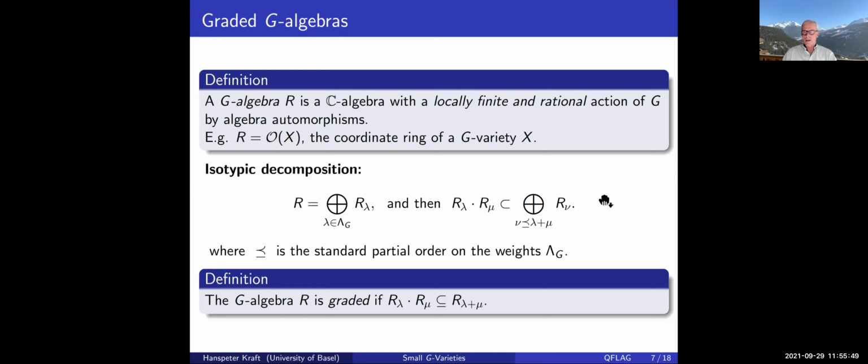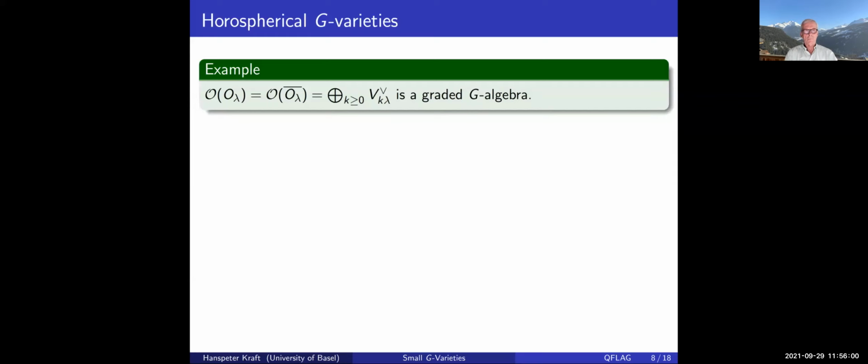So we assume that there are no isotypic components anymore which are smaller than lambda plus mu. Here's an example, just the important one. If you take a minimal orbit and the coordinate ring of its closure, this is the direct sum of the irreducible representations with highest weight multiples k lambda, the dual ones. And this is obviously, or easy to see, a graded G-algebra.